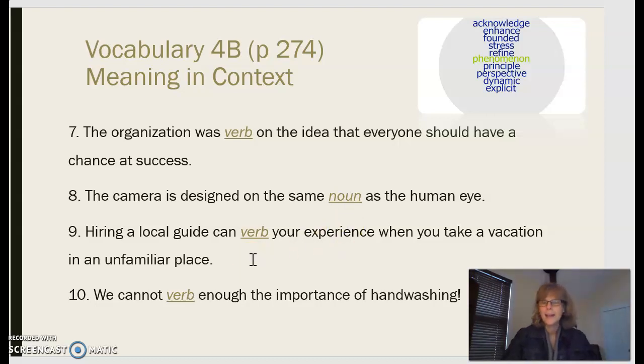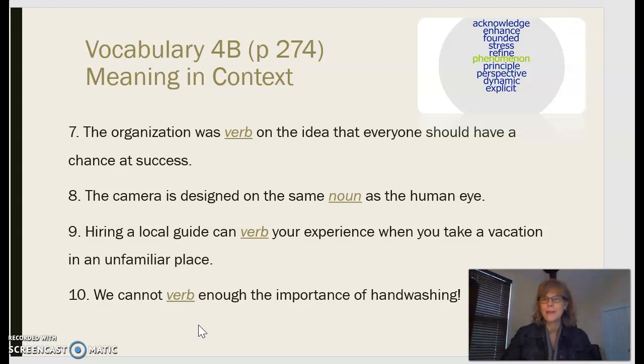Number 9, a local guide can enhance. This is the place to use enhance. And that means to make it better, right? To make it more of something, right? More interesting, more vivid, more beautiful, enhance your trip. And then number 10, we cannot blank enough.